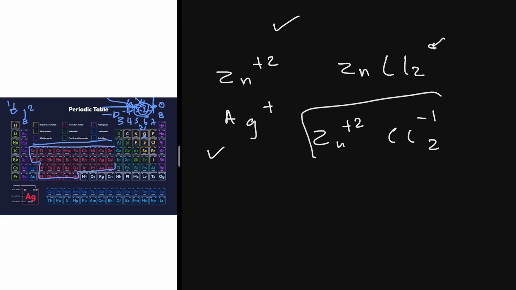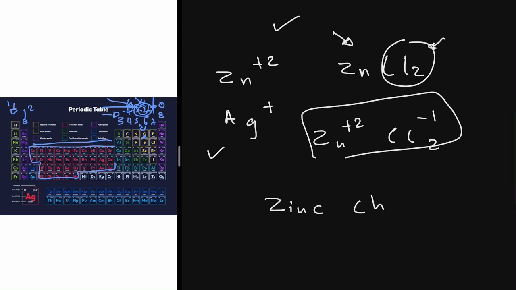So now to label this, because zinc cannot change the ions, it's just going to be zinc, and then we label the last part, which is a non-metal, to say this is a chloride. It's a chlorine, but we're going to change it to be chloride. So this is going to be zinc chloride.